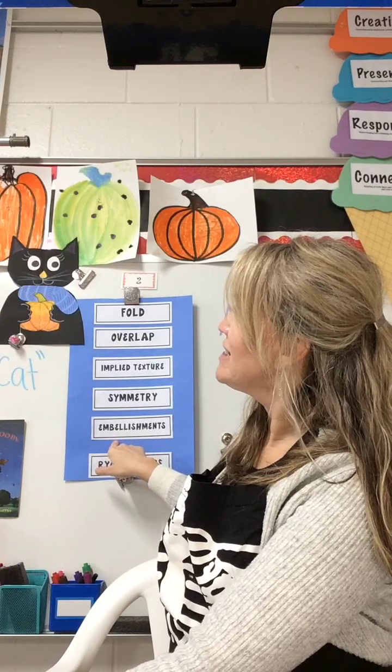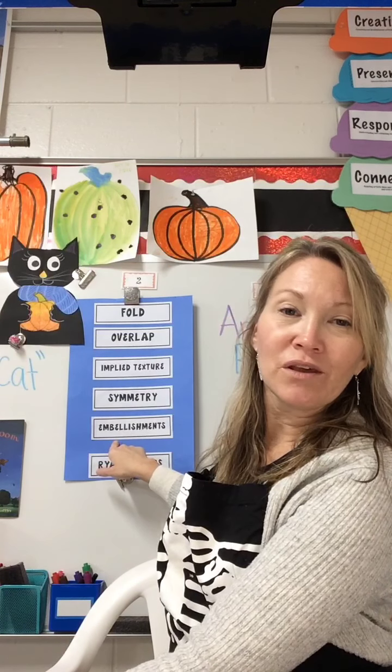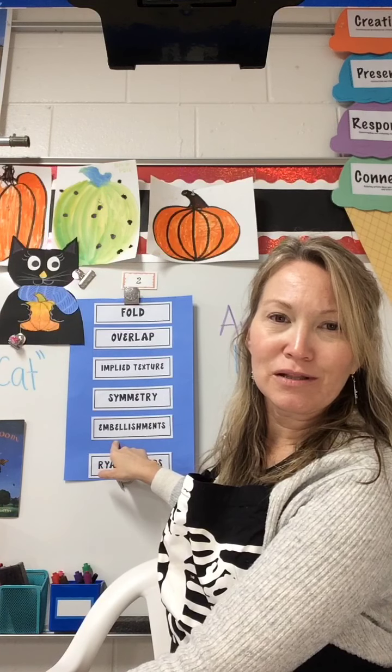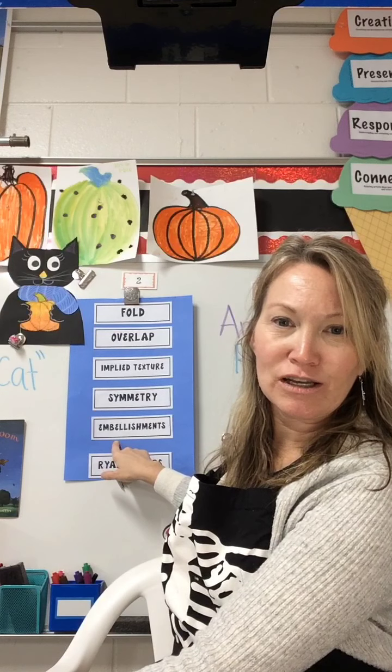Embellishments are any extras that you could add to make your project sparkle, or just little details, like if you want to make your pumpkin a jack-o'-lantern, you can embellish it with eyes, a nose, and a mouth.